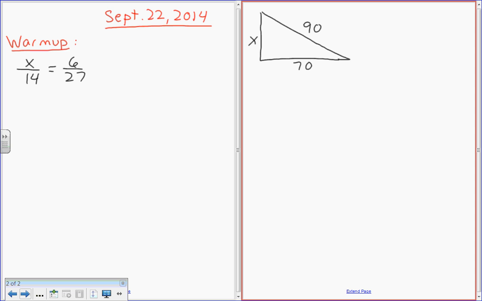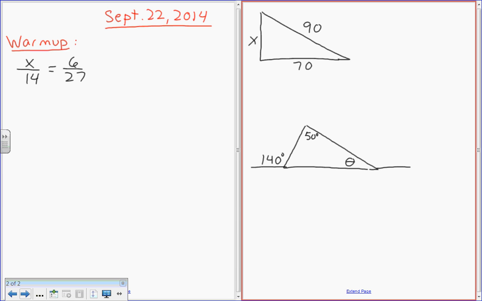And warm-up number three is going to be something that looks like this. There's a 140 degrees, there's 50 degrees, and there's theta.